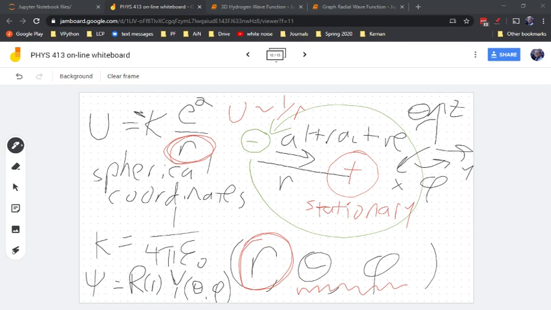You've probably done this in a differential equations course with separation of variables. You take one variable, give it one function, and take the other variables and give them another function, because r is going to get the special treatment here. Theta and phi are not even in the potential energy. And so we actually already have the solution to this.